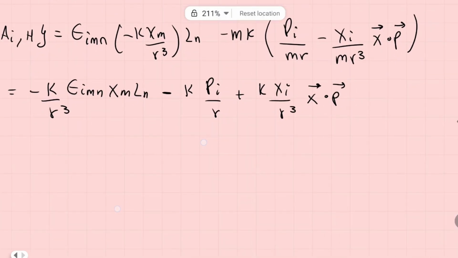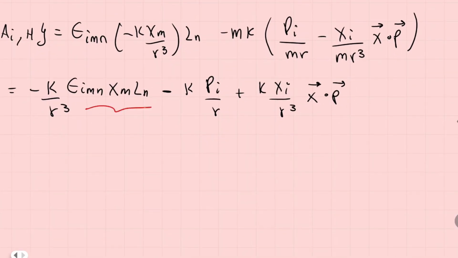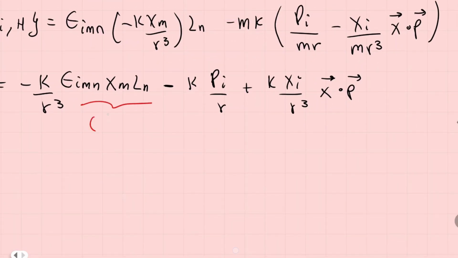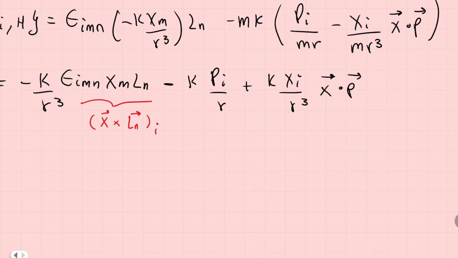And look at what we have here. It's very interesting. This is the I component of the vectorial product between x and L. This is x product ln and the I component. Why is it the I component? Due to the index of the Levi-Civita symbol here.